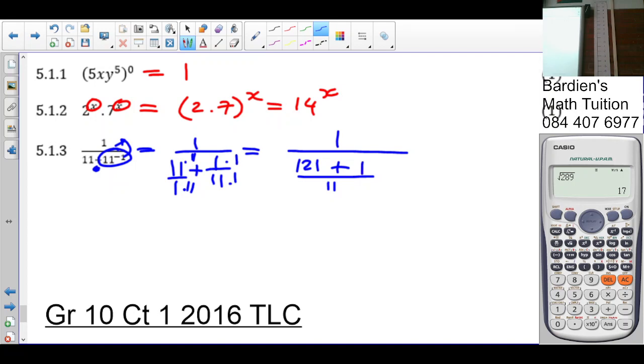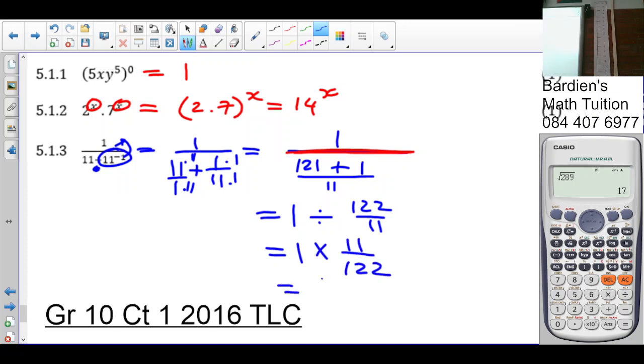So it gives you 1. So it's going to give you 1 over... this basically means divide. So it's going to give you 1 divided by 122 over 11, which becomes 1 times 11 over 122, which is 11 over 122.